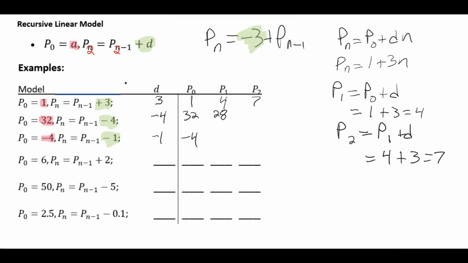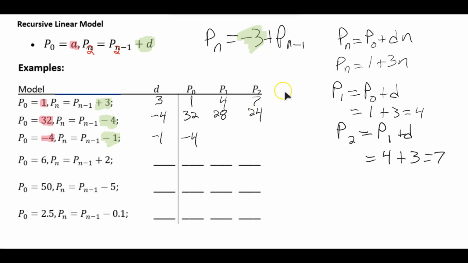And then subtract another 4, we get 24. So we can also interpret the linear growth model, the D value, as literally the first example is an add 3 sequence starting at 1, plus 3 is 4, plus 3 is 7. The next one is a subtract 4 sequence starting at 32, subtract 4, 28, subtract 4, 24.